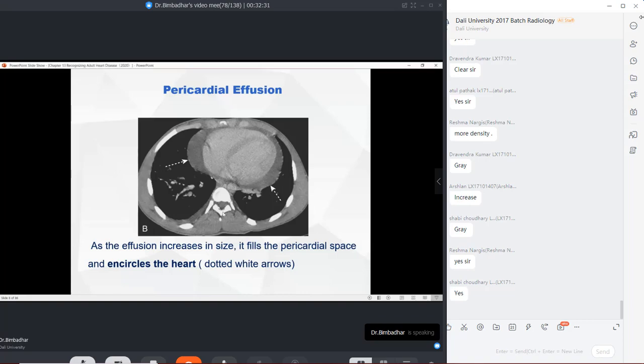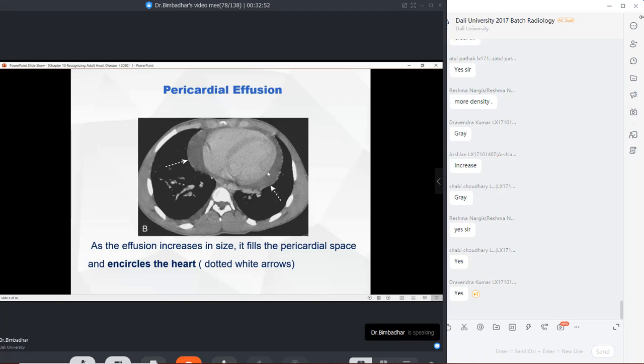You see here, this one is surrounding the heart, and obviously there is an increase in diameter. Since we do not have the scale here, we are not able to measure it, but it will be something around 3 centimeters of increase in diameter all over the pericardial space.